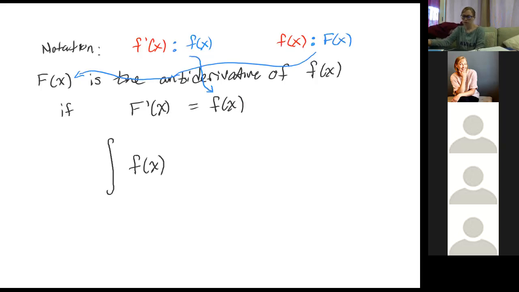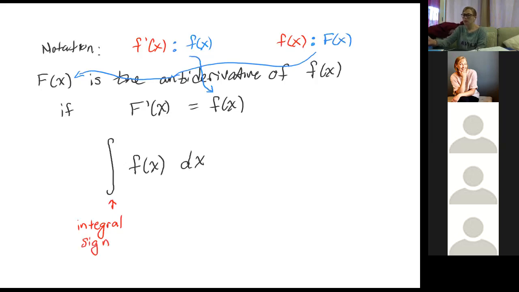And then I'm going to put the function f of x that I'm interested in finding the antiderivative of. And then just like I have to notate my variable in differentiation, I'm going to notate it by the term dx, which is called a differential. So we'll call this the integral sign.